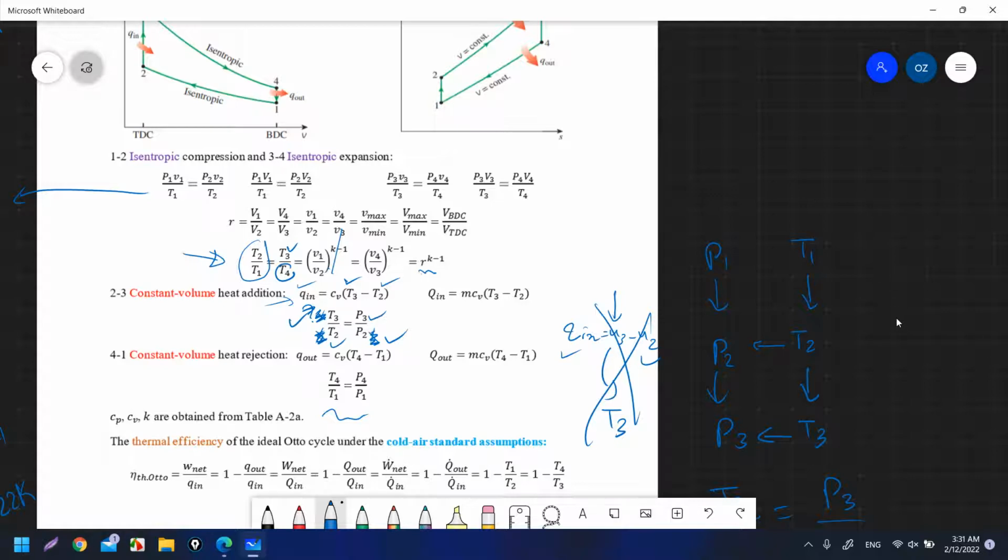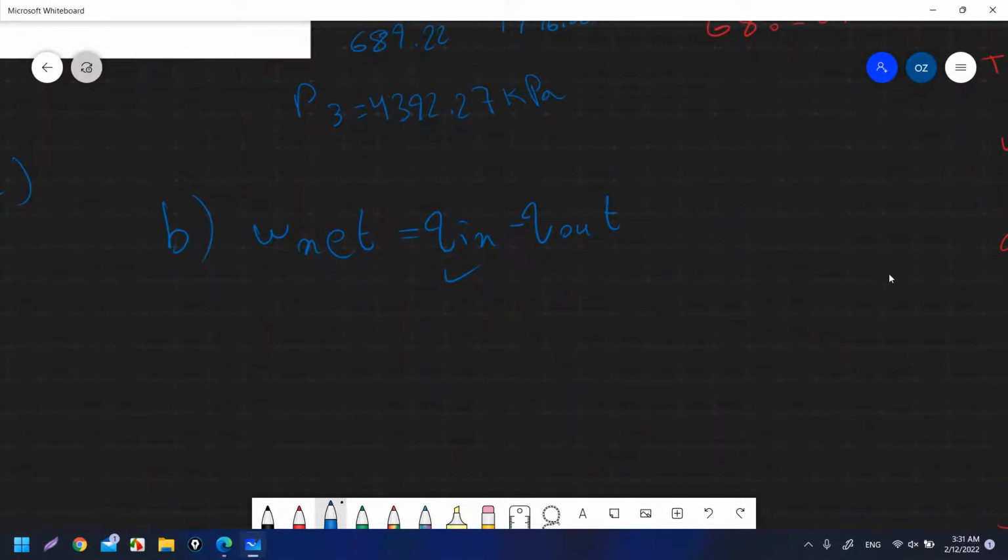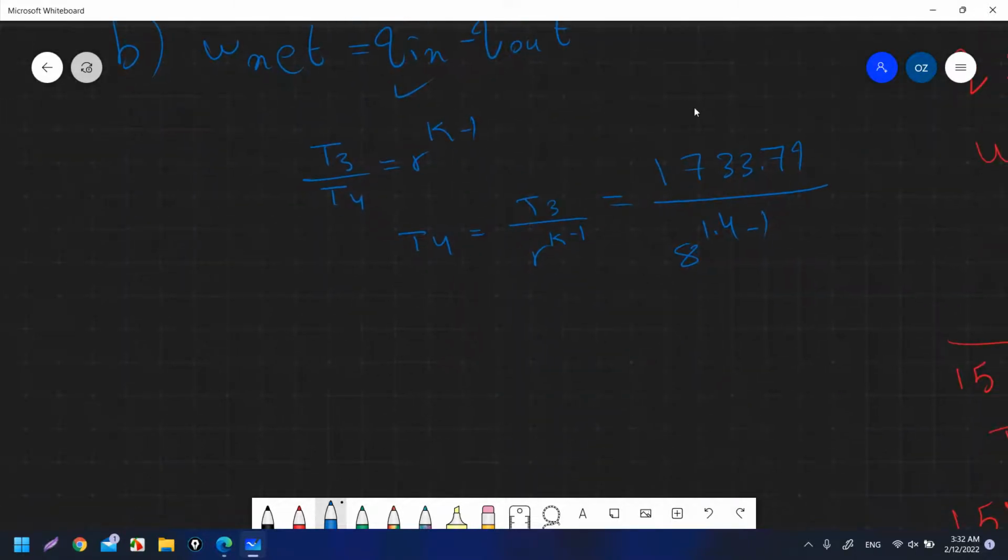So T3 over T4 equals r^(k-1), so T4 is equal to T3 over r^(k-1). T3 is 1733.79, 8 to the power 1.4 minus 1. So T4 is equal to 754.68 Kelvin.